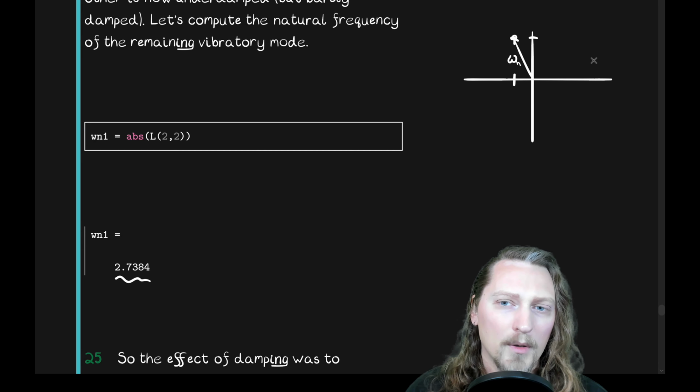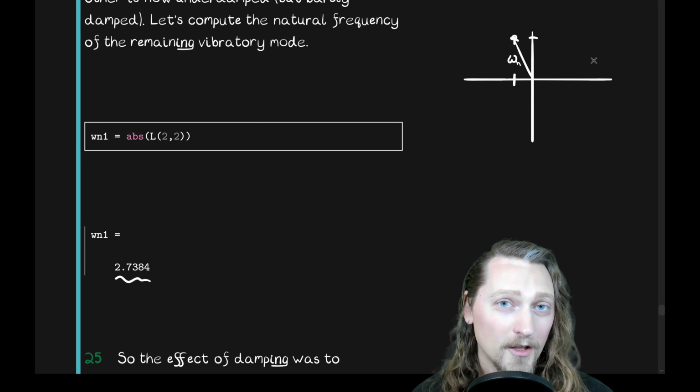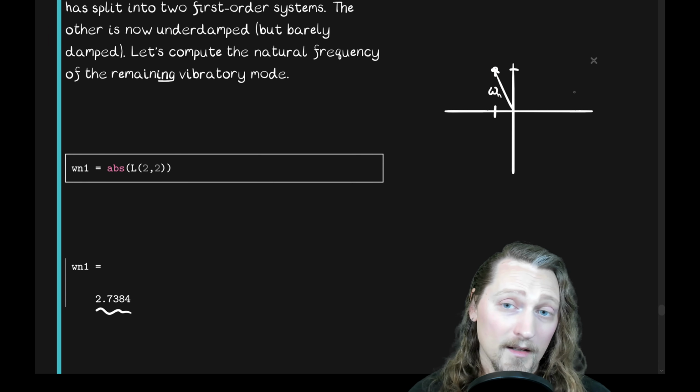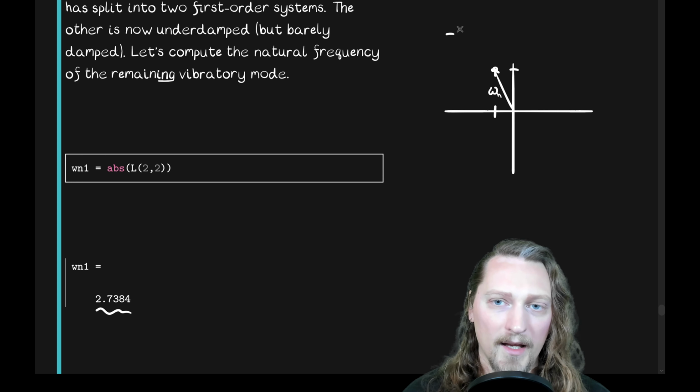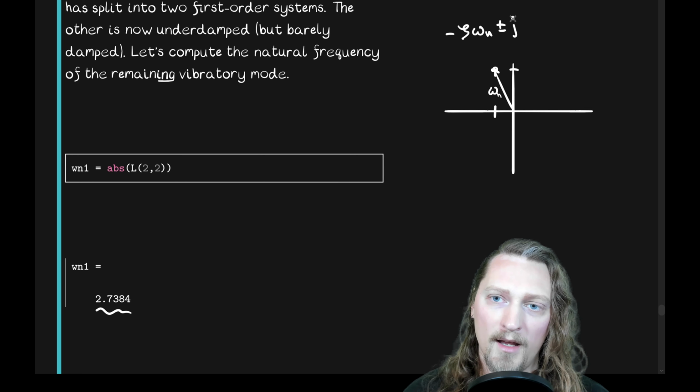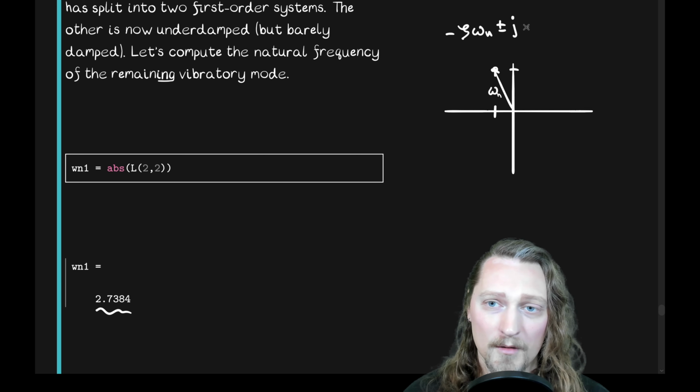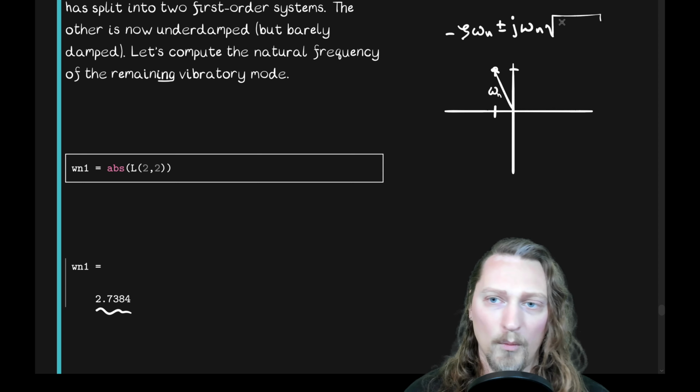Now, we're going to become familiar with this later on, but it's easy to justify this if you go back up to the equation we looked at earlier, and I'll just rewrite it. The second order pair was negative zeta omega n plus or minus j for an underdamped system, omega n times the square root of 1 minus zeta squared.